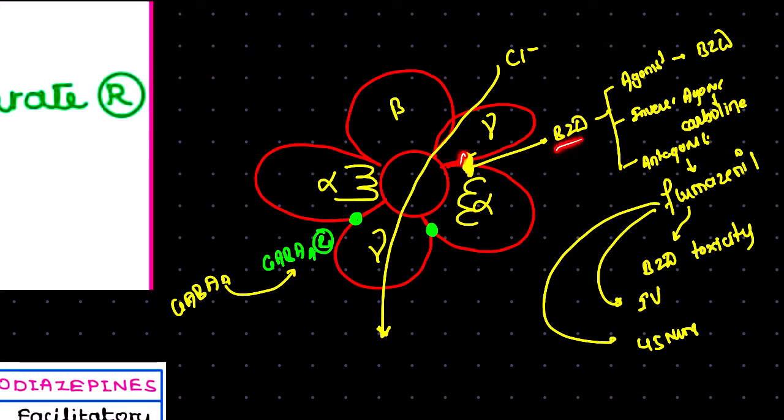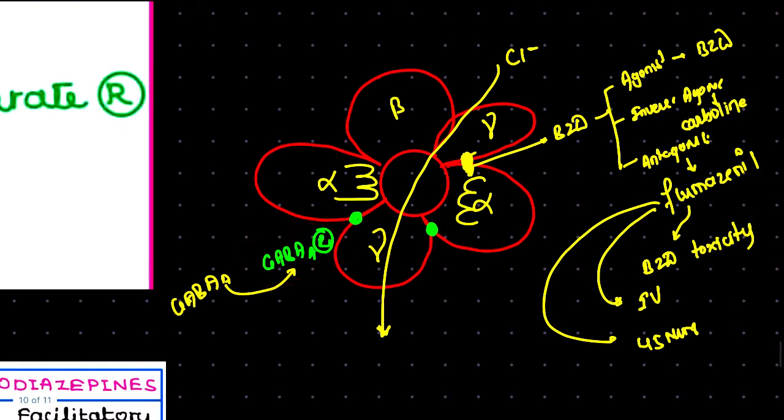Here in this benzodiazepine receptor, benzodiazepine will come and it will stimulate this chloride channel, the opening of the chloride channel, with the help of this GABA receptor, and because of which chloride will easily start influxing into the cell.